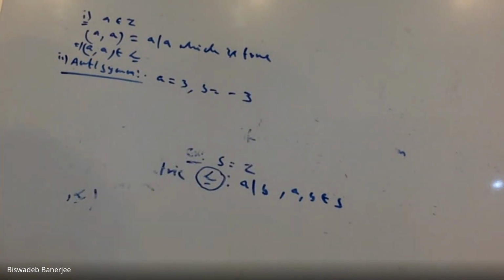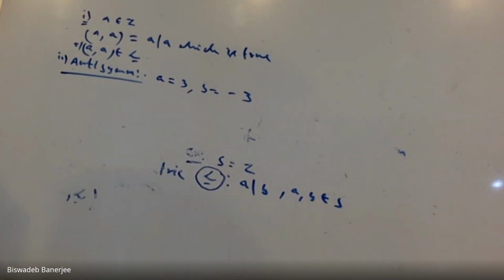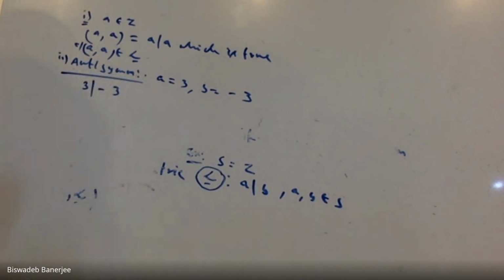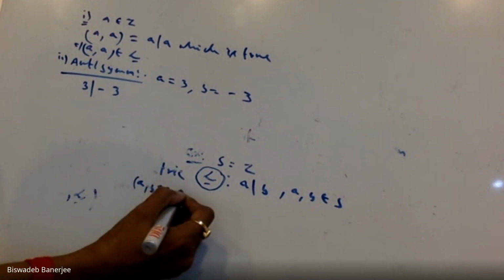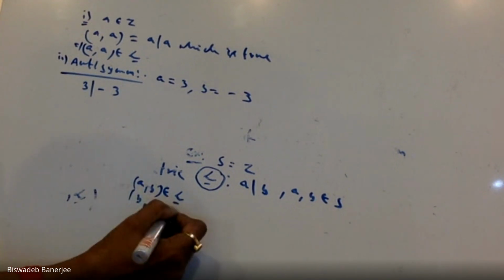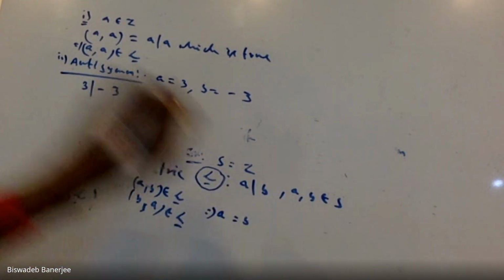Recall this example, because both belong to the integer set Z. Now, what is the definition of antisymmetric? A comma B belongs to this, and B comma A belongs to this, it always implies A should be equal to B.